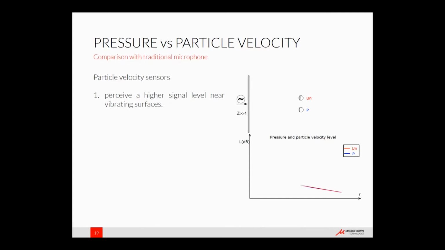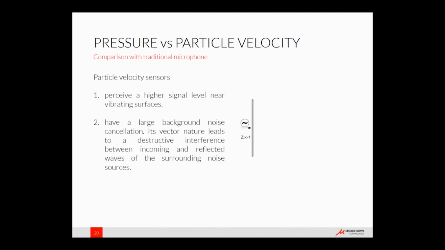So we see here, as we go close to the source, pressure increases, but the velocity signal increases much more. This is related to the evanescent energy that we have in the near field. So if we measure close to the source, we have with velocity, compared to pressure, a really high level that we can measure.